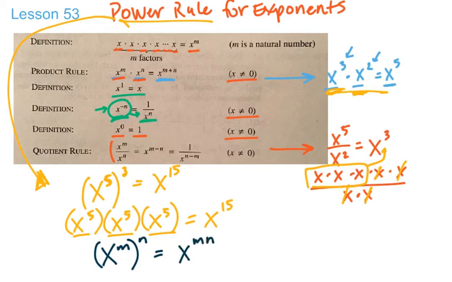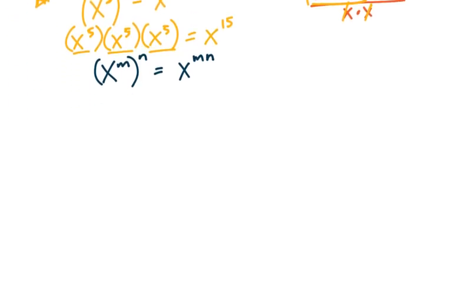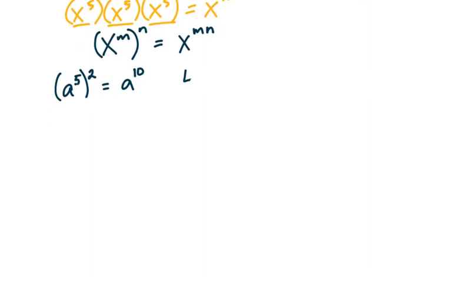So I'm going to show you a couple more examples of this. Let me scoot this down. So if you have a to the 5th power and raise that to the 2nd power, all you do is multiply the 5 times the 2 to get a to the 10th power. If you have x to the negative 4th, I just went ahead and wrote it wrong.